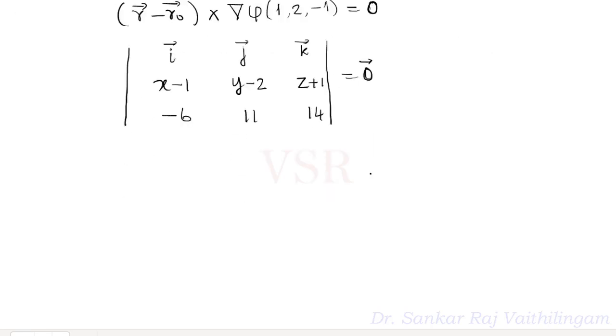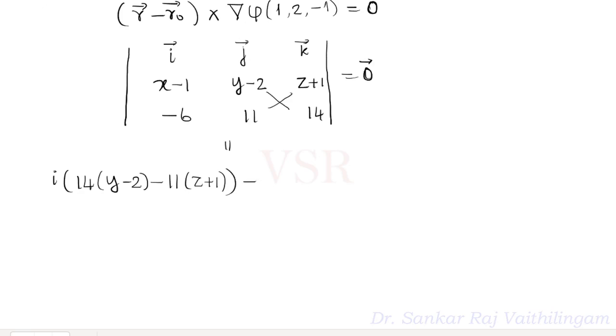This is equal to i vector into 14 times y minus 2 minus 11 times z plus 1, into i minus j vector.